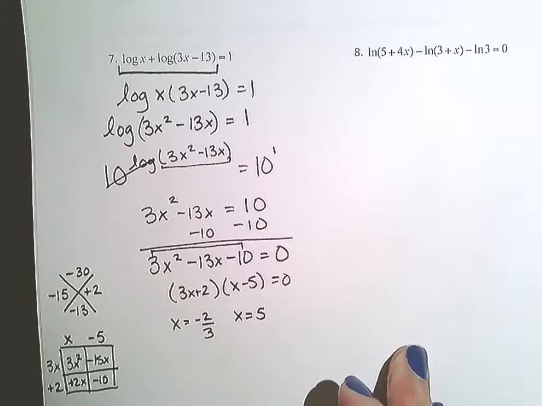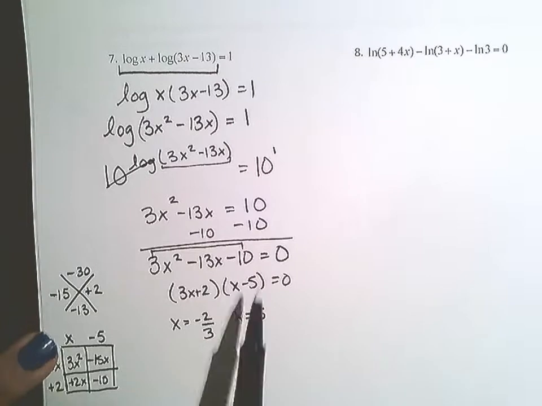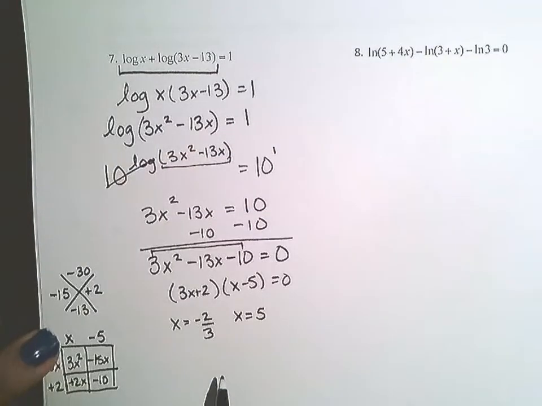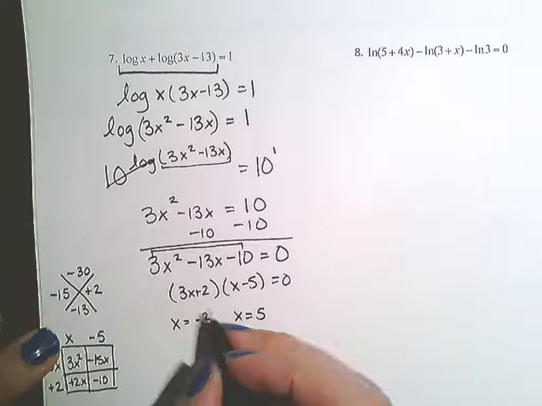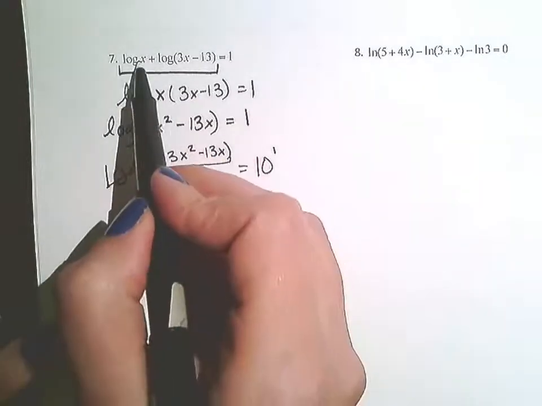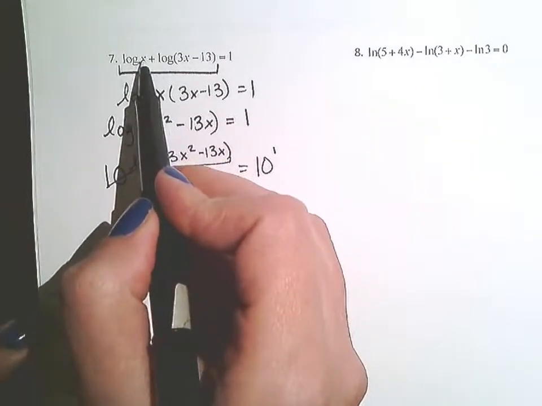Now by definition of a log, you can't plug in a negative for x, because log of a negative is not going to work, because 10 raised to anything will never give you a negative. 10 raised to what is going to give you a negative 2/3?